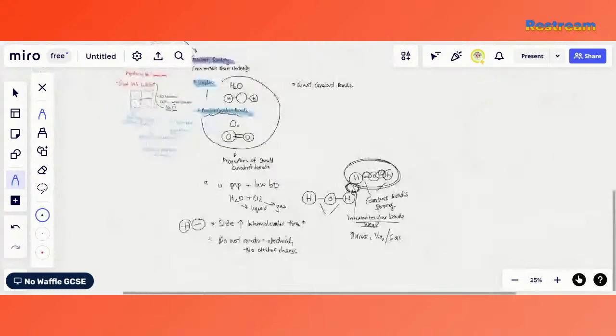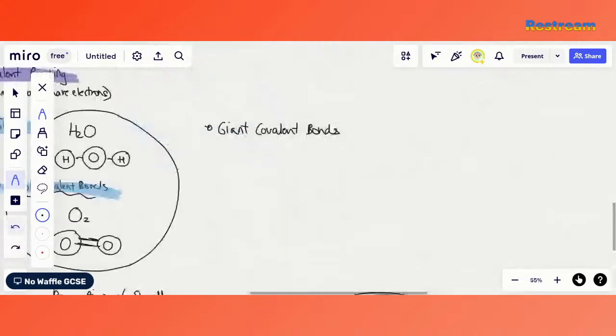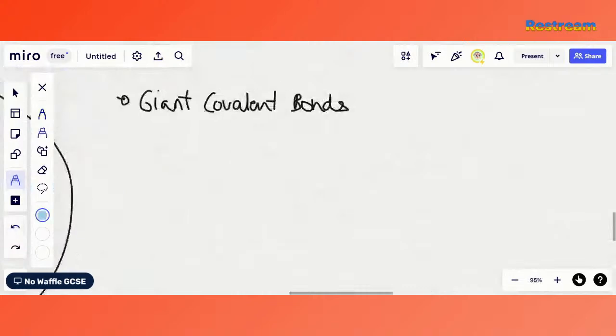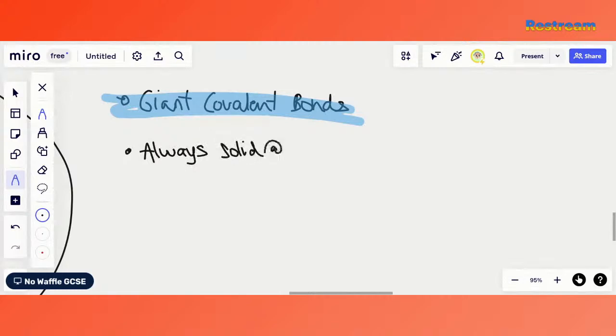Now, finally, moving on to the giant covalent bonds. So, giant covalent bonds are always solid at room temperature, as they have millions of strong covalent bonds.